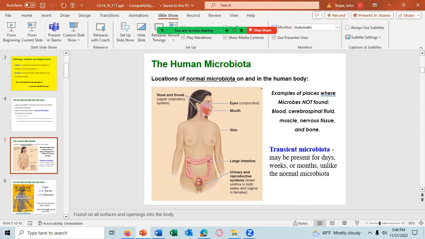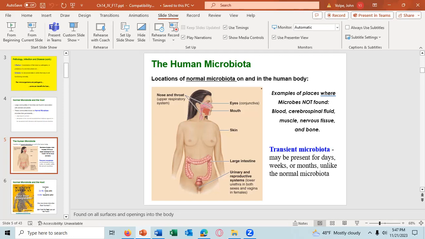The human normal microbiota, and when we're saying the microbiota, I usually like to put the word human in there because different animals have different normal microbiota. For example, your kitty cat or your domesticated cat has a part of its normal microbiota, Bartonella henselae. And Bartonella henselae is not a part of our normal microbiota.